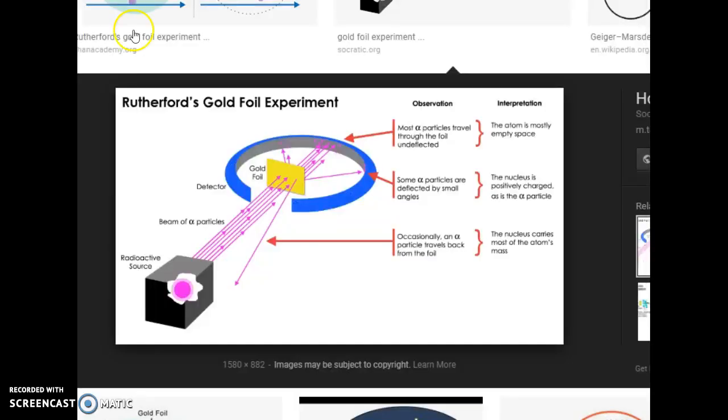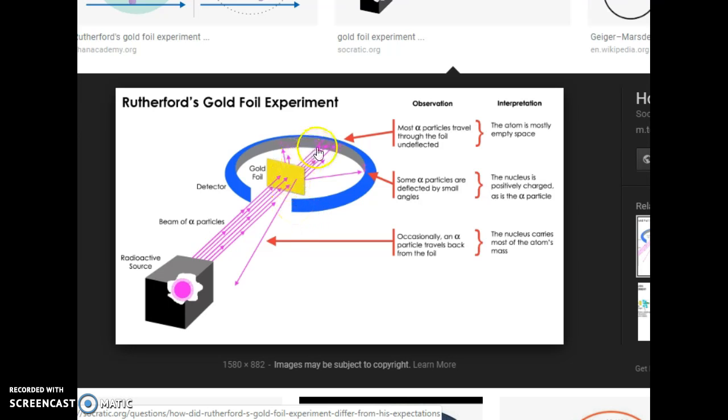So just really in a nutshell, this is kind of how Rutherford set up his experiment. He had a radioactive source that gave off alpha particles. Here's a super thin piece of gold foil, and then he had a detector shield built up around this.